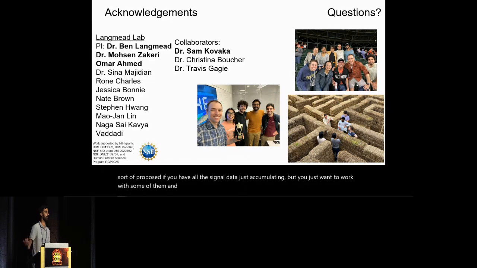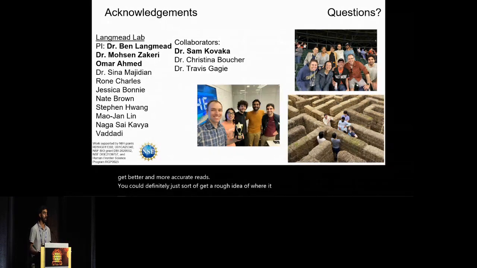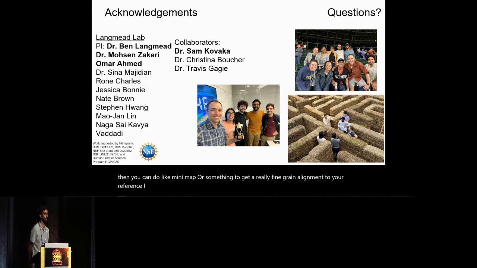Maybe you're waiting for a better base caller to come out in the next couple of years, so you want to hoard your signal data so that you can get better and more accurate reads. You could definitely get a rough idea of where it is, then do the base calling, and then use Minimap or something to get a really fine-grained alignment to your reference. I think that's totally feasible and something that I would see Sigmoni doing very well in the future.